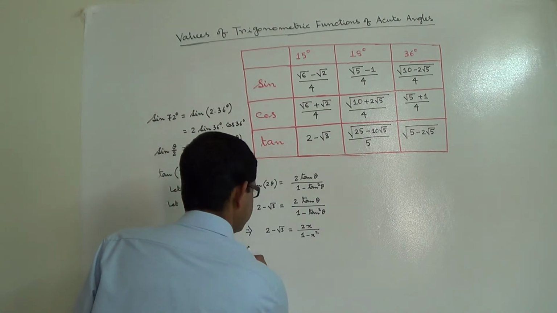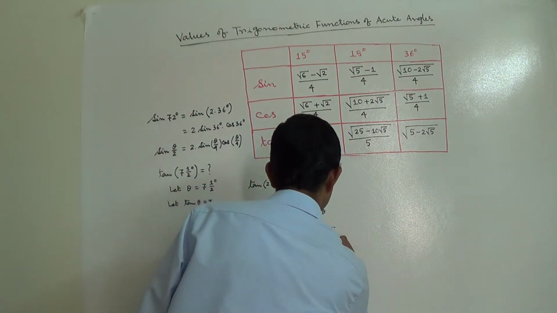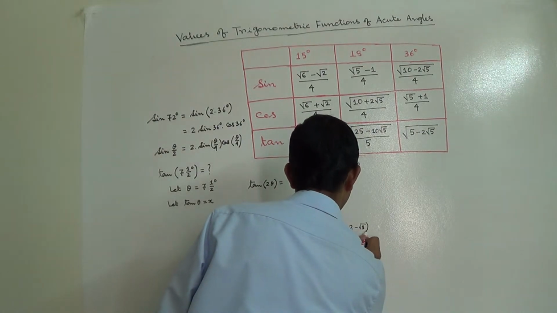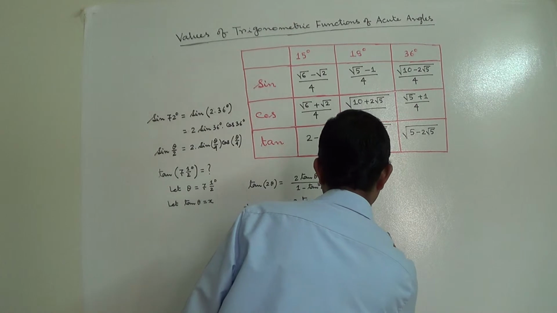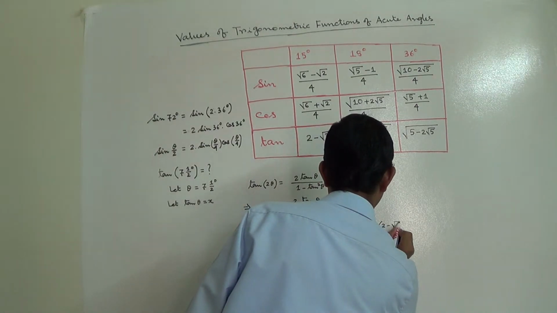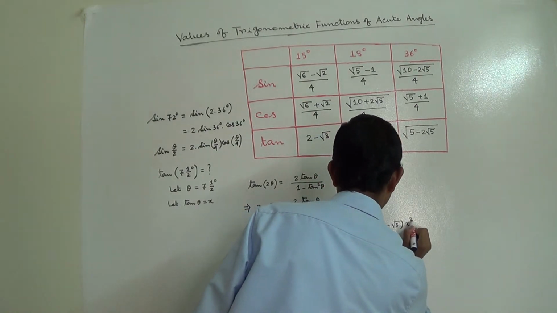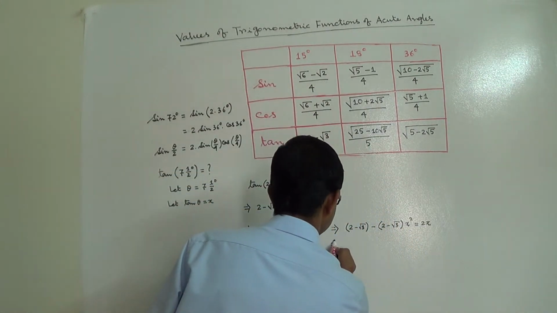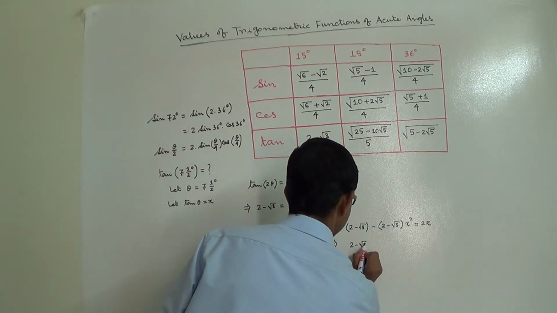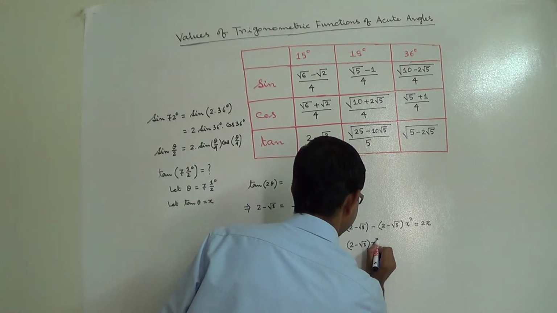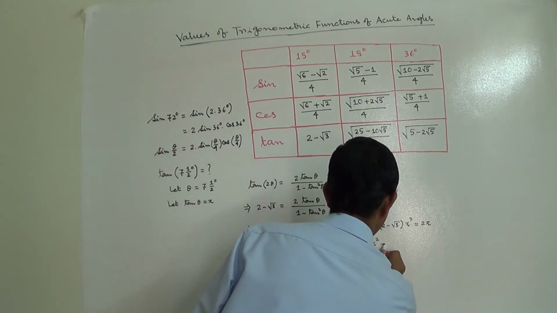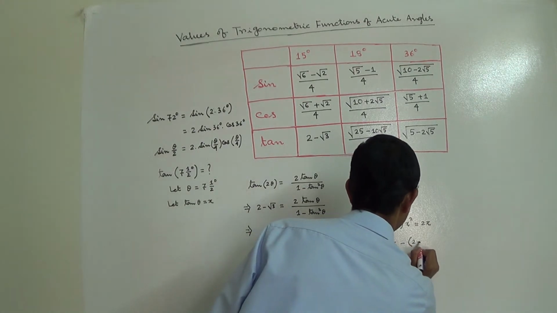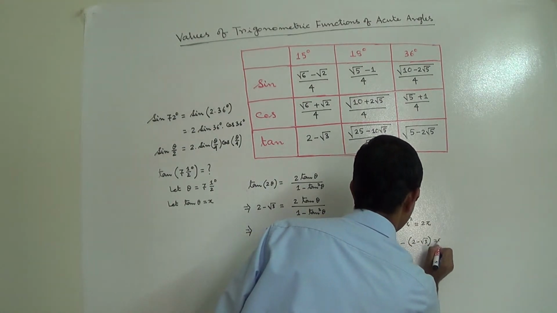So this implies 2 minus root 3 minus 2 minus root 3 into x square is equal to 2x, and I can write this as 2 minus root 3 into x square plus 2x minus 2 minus root 3 is equal to 0.